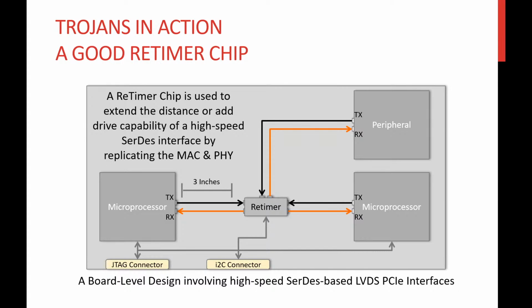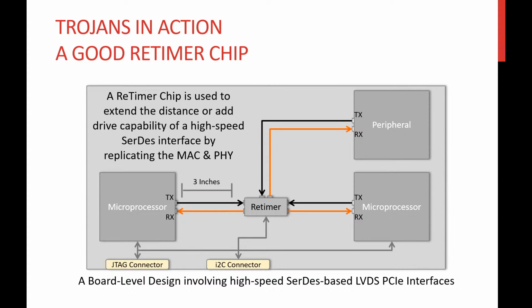So here's a portion of the hardware design. This portion is an example of a board level design. And this can be seen as a scale involving having 3 inches inside of an integrated circuit. So they're kind of zooming in on this image.